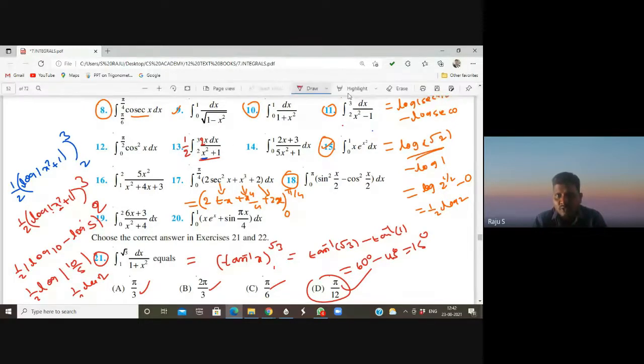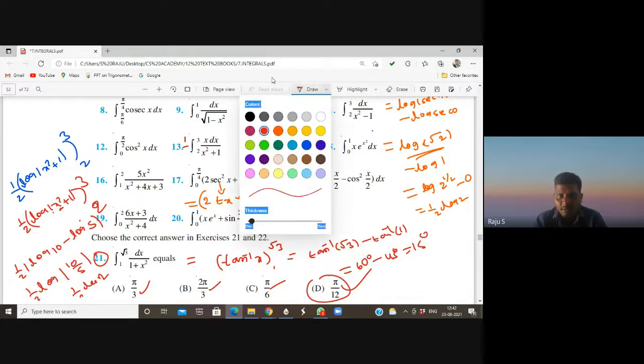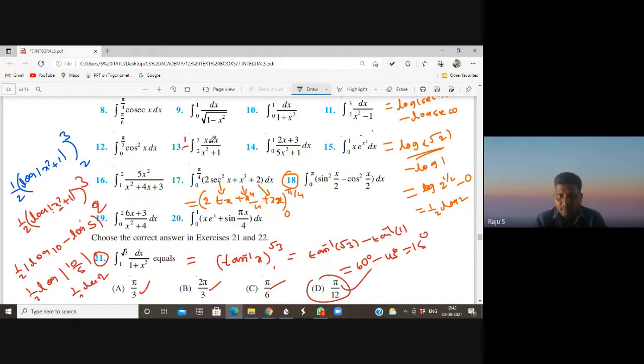By seeing the question itself we can say directly whether we will do it directly, or apply partial fractions, UV rule, or substitution. I told you very clearly, 60 to 70% of the questions are based on substitution. The remaining 40% is partial fractions, UV rule, reduction formula, like that.